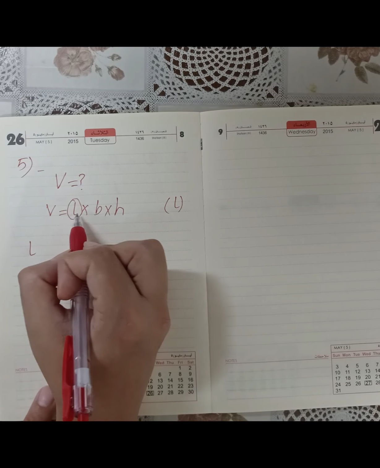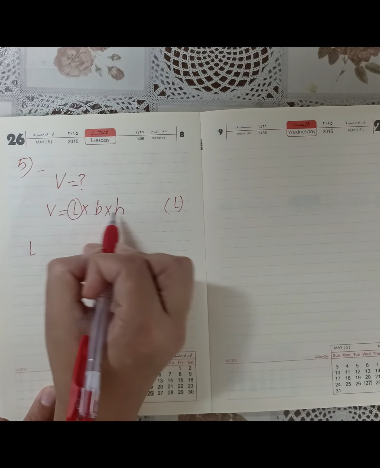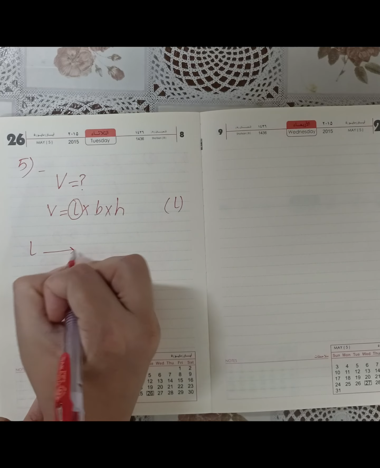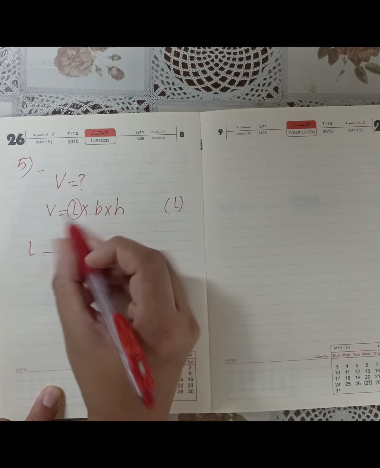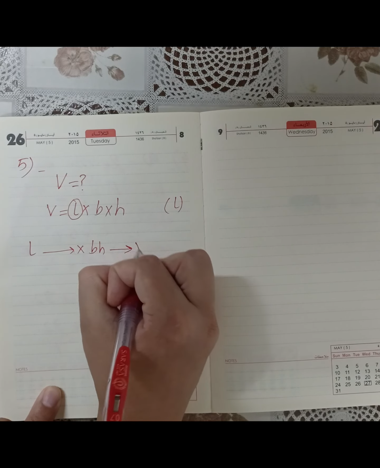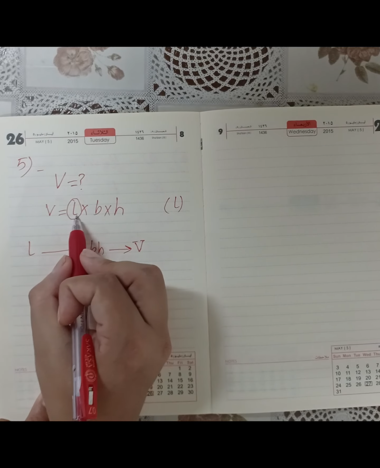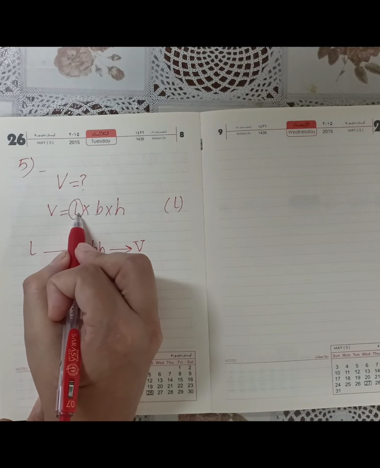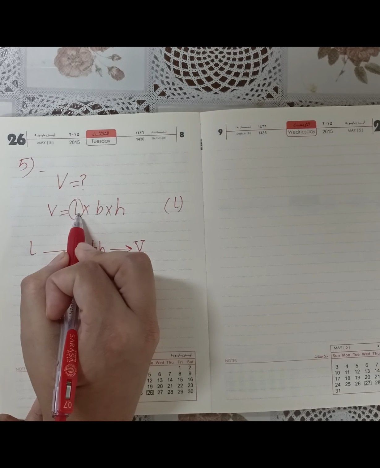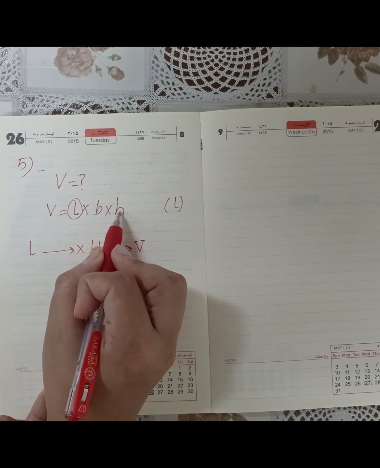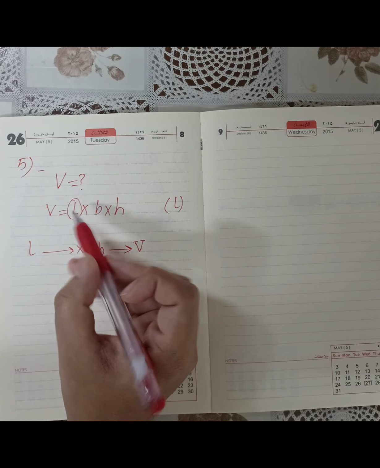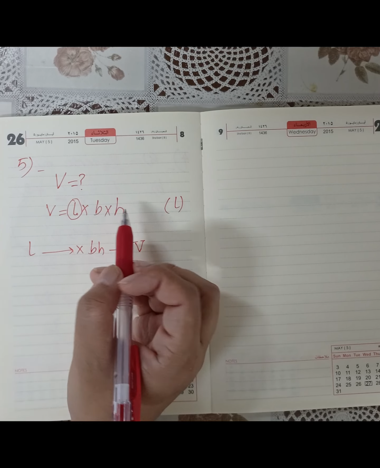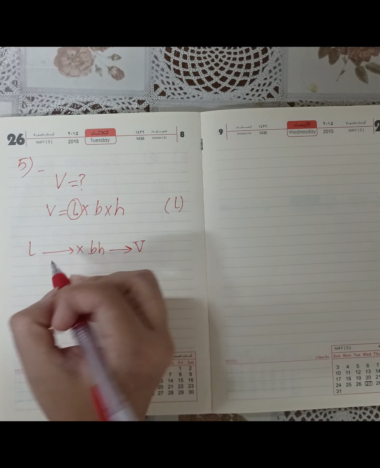We will multiply L with B and H. So we are starting with L, and we multiply it with B and H to give us the value of V.